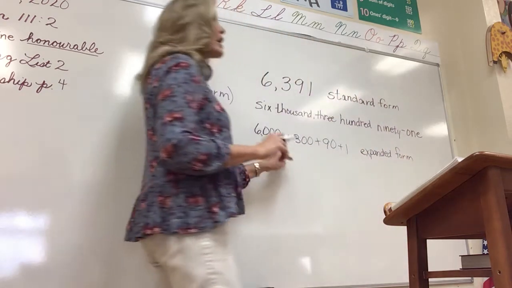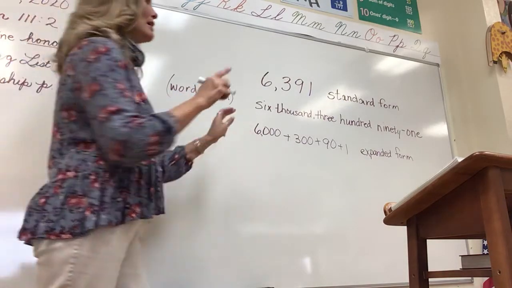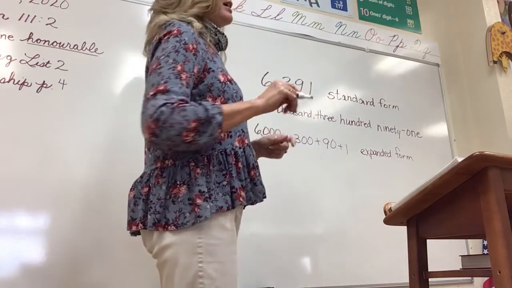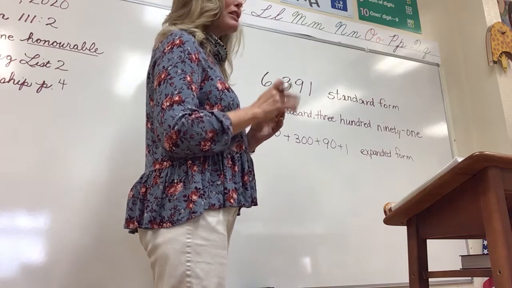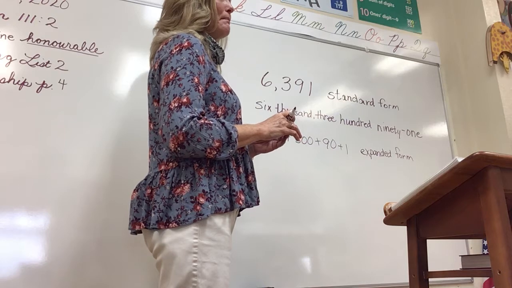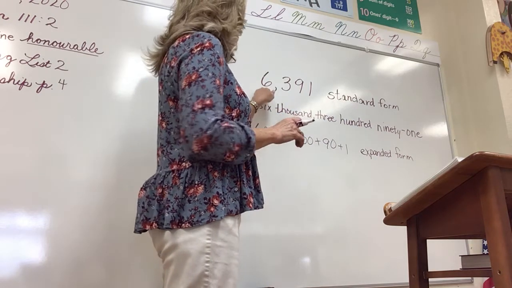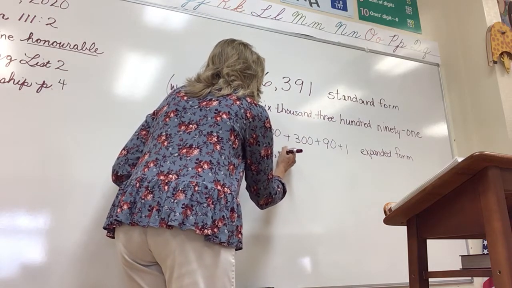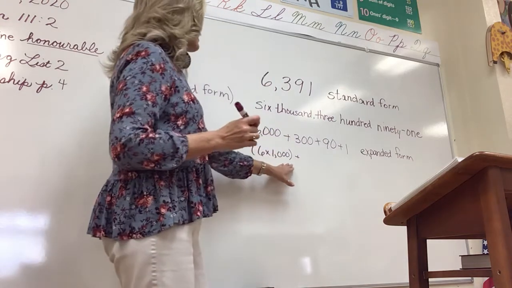And then there was one other way of expanded form they showed us that was expanded form using distributive property. Does everybody remember that one? Yeah. What does it look like if I have expanded form using distributive property? I'm going to take the individual digit and multiply by the place. So what would go next?